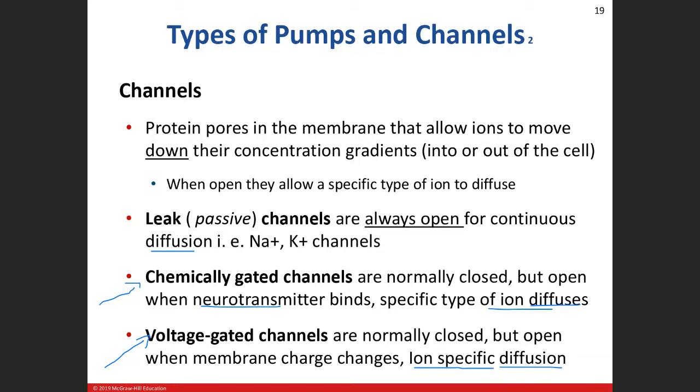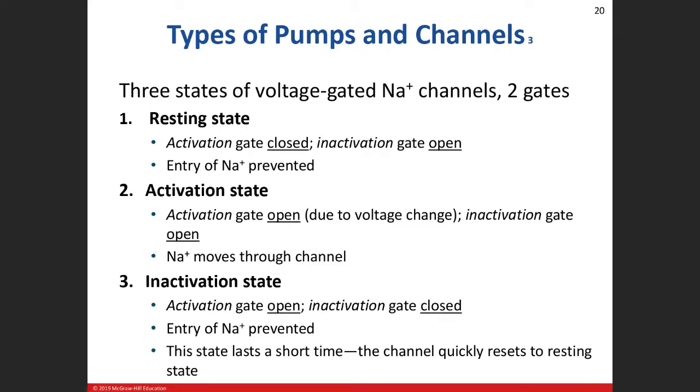All right, so let's talk about the first type of channel. It's a specific channel, the voltage-gated sodium channel. So let's dissect it real fast. If it's voltage-gated, that means we need a change in the charge.